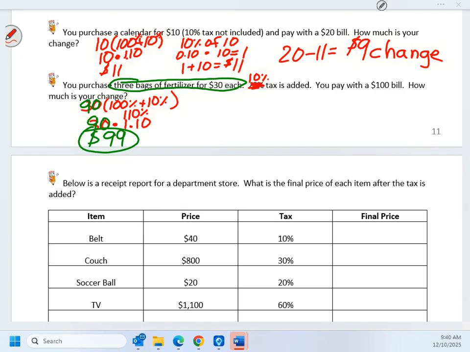Jack? All right, so first the 10% tax, you turn that to a decimal. And then you multiply by 30. Oh, no, by 90. Yeah, we're multiplying by 90 because he bought 3 bags. So we're multiplying that by 90, and what did you get?